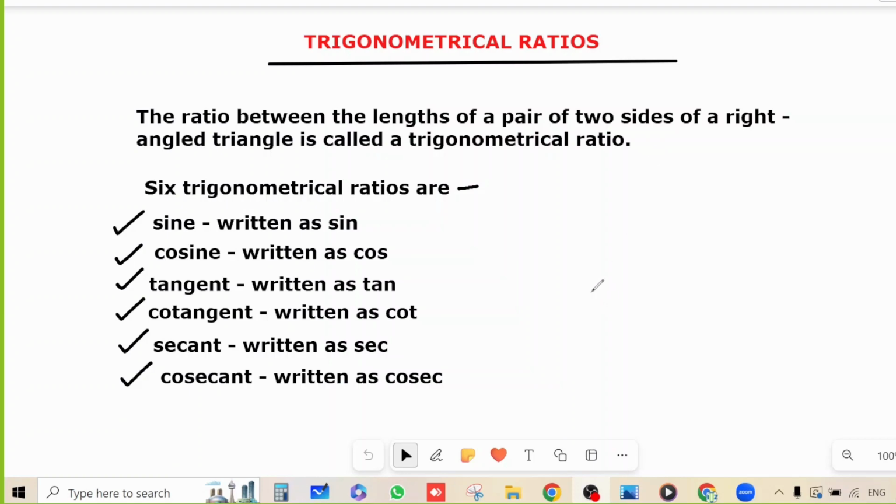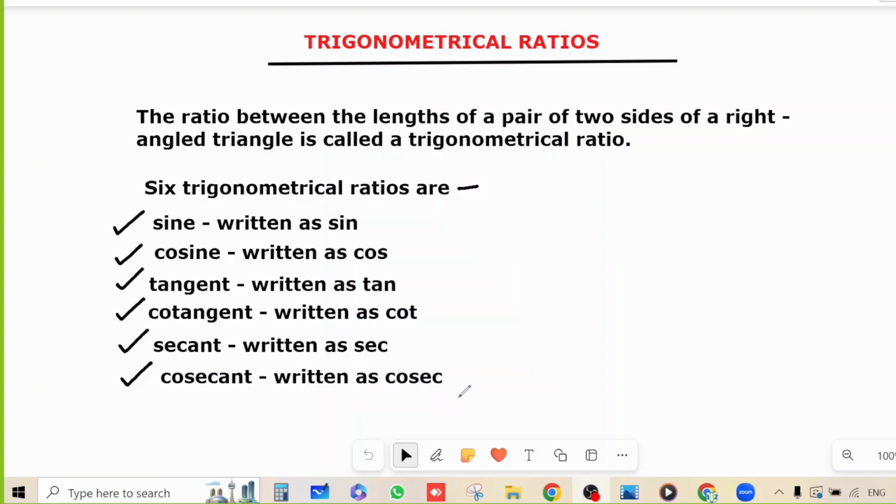There are 6 types of trigonometrical ratios in a right angle triangle, which are sine, which is usually written as sin in trigonometry. Second is cosine, which is written as cos. Third is tangent, which is written as tan. Fourth is cotangent, which is written as cot. Fifth is secant, which is written as sec. Sixth is cosecant, which is written as cosec.